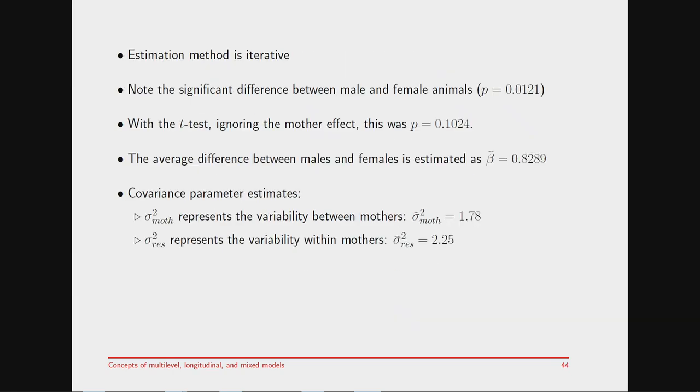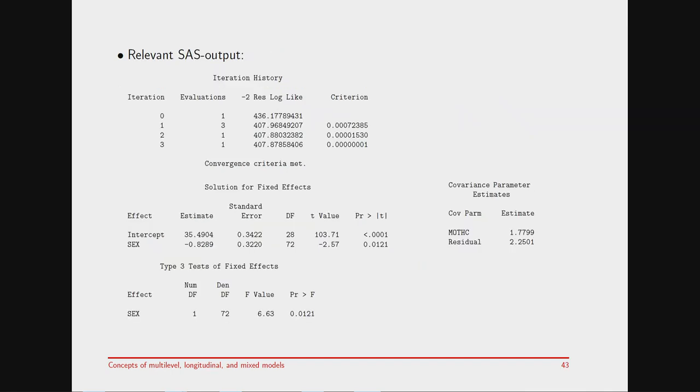Any questions about this? Yes? Using this random effects model, the effect of sex is the same, not using the same model, the traditional model. That's something that we will often see coming back later on. So what you're referring to is this here, the estimate, that whether you correct or not, you basically get the same result.